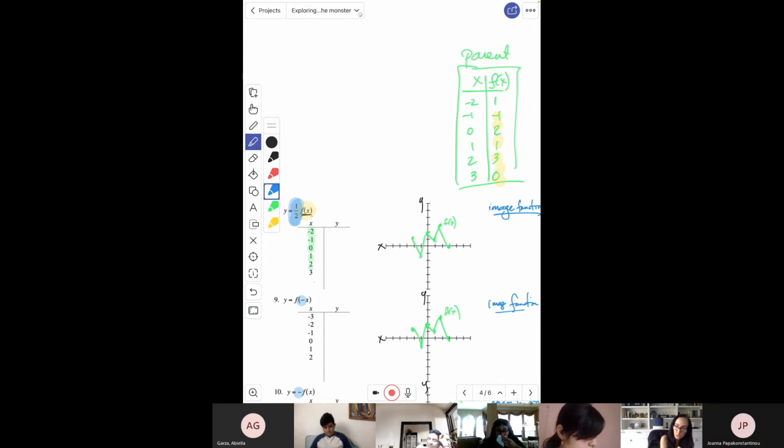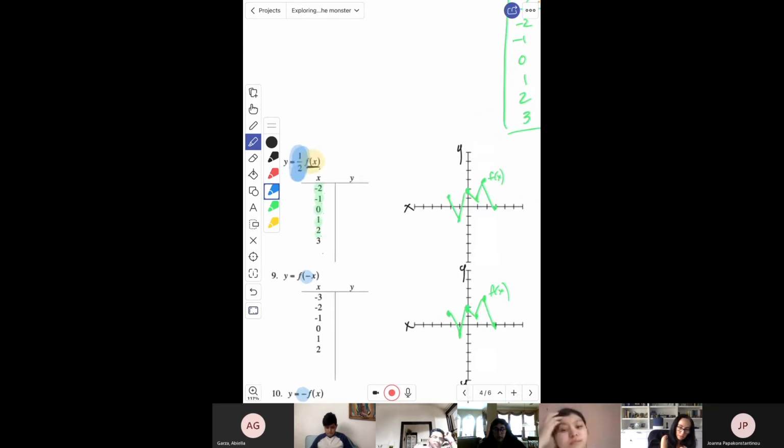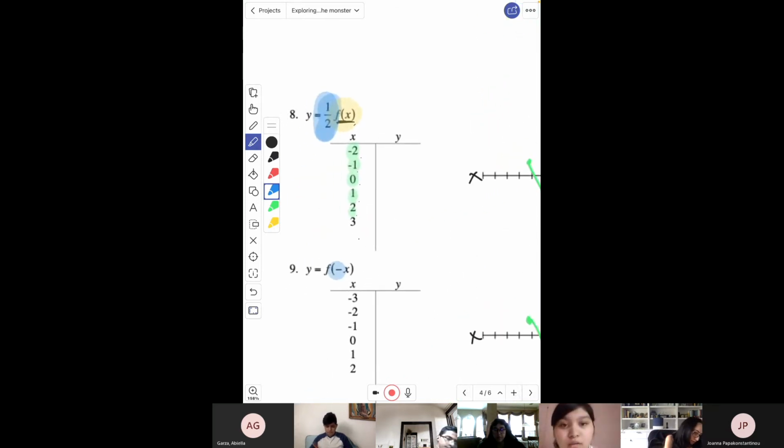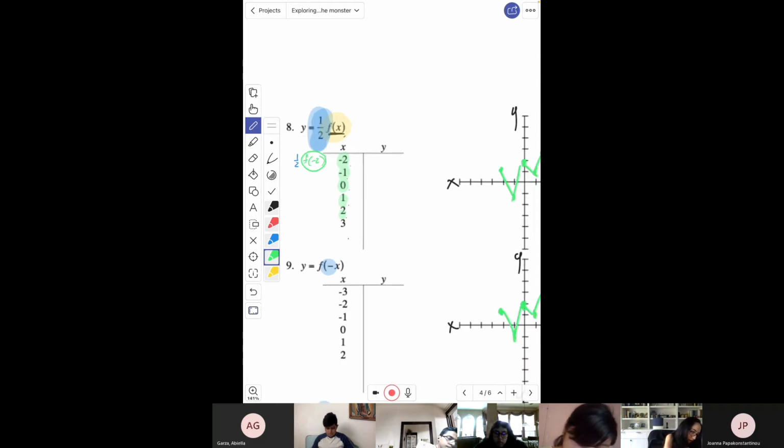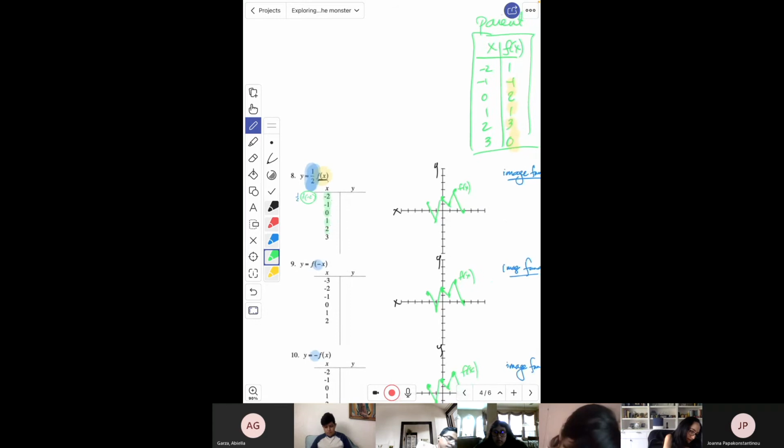Okay, shall we do the first one together to make sure we understand? Here it's telling you to take 1/2 of the function evaluated at -2. So I first find what is f of -2. I go back to the table and I say when the input is -2, what is the output? 1.